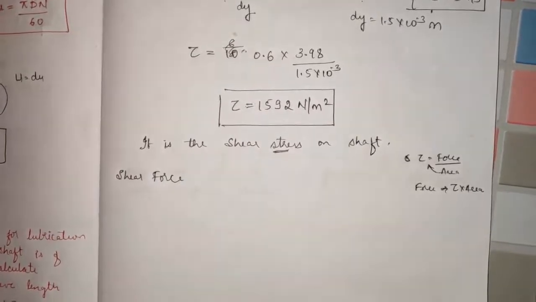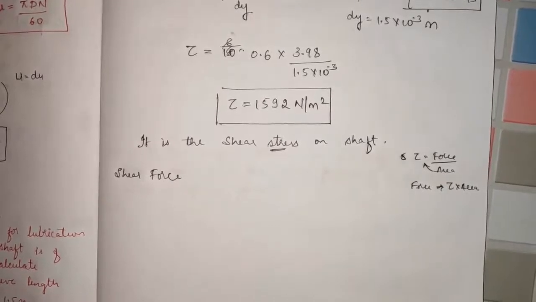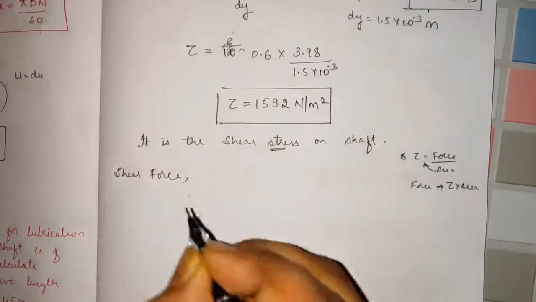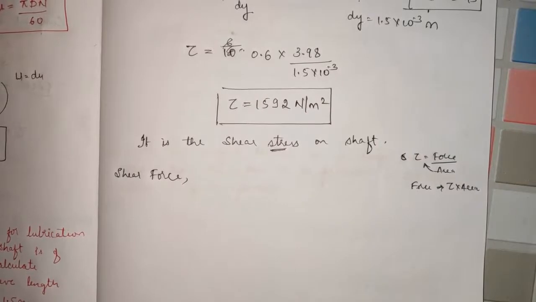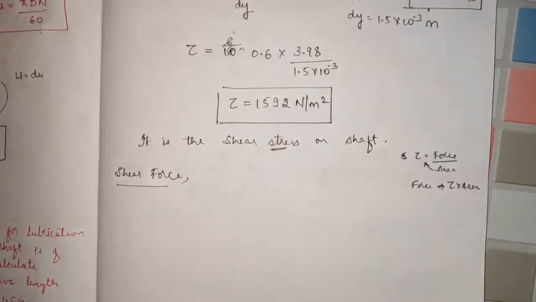Why do I need to calculate the force? Because that force will help me to find out the torque, and with that torque I can find the power lost. So a series of formulas are there. These formulas are dependent. I need force here.